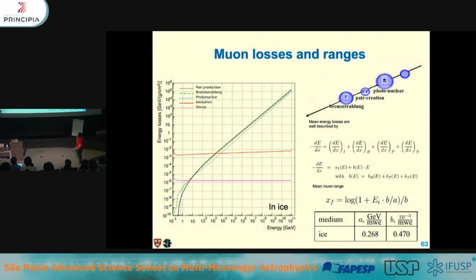And these are the energy losses proportional to these processes. Somewhere around a TeV, they cross. And above a TeV, the energy losses are going to be dominated by pair production and Bremsstrahlung, with a subdominant contribution from photonuclear processes.